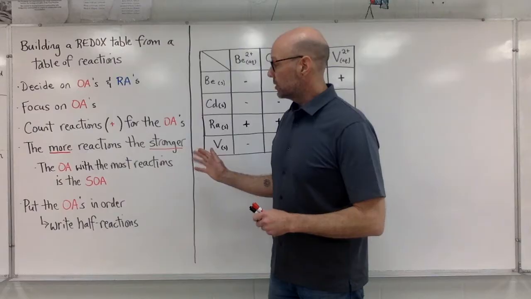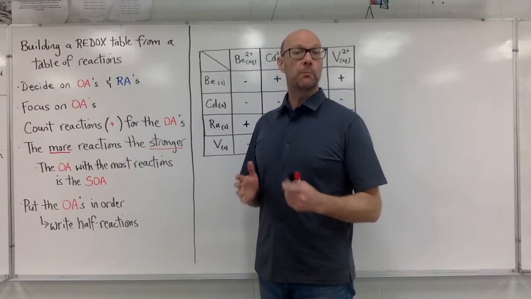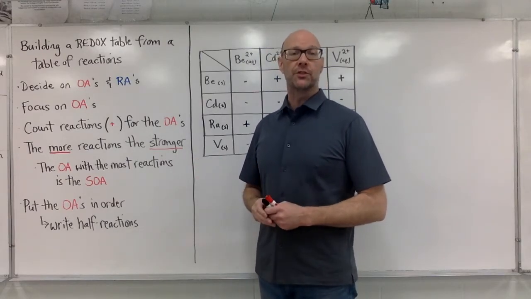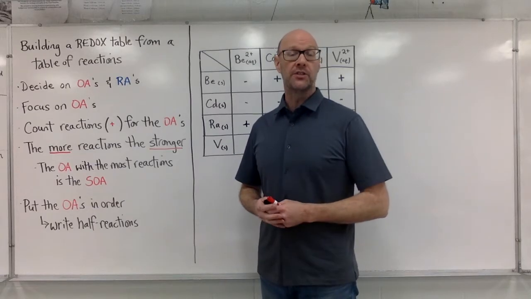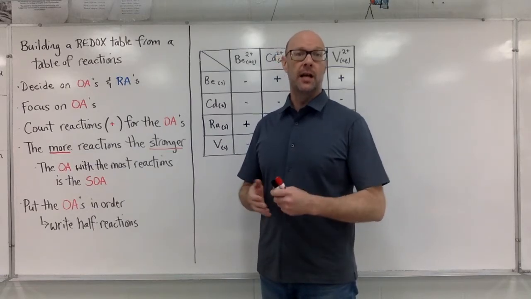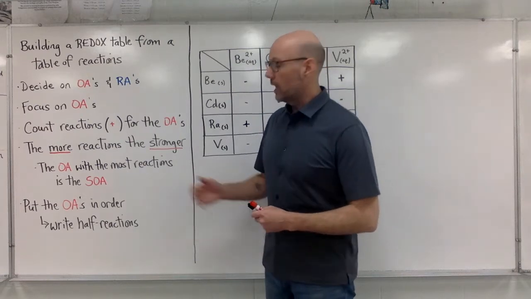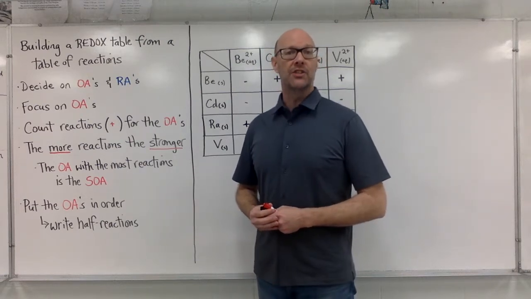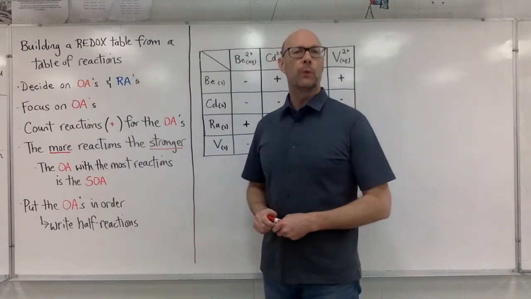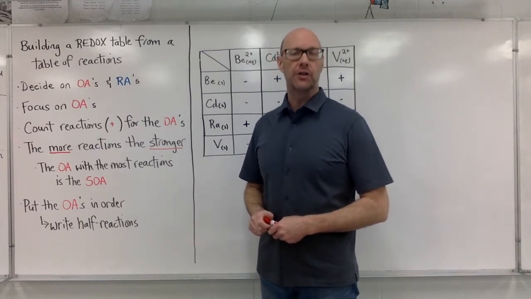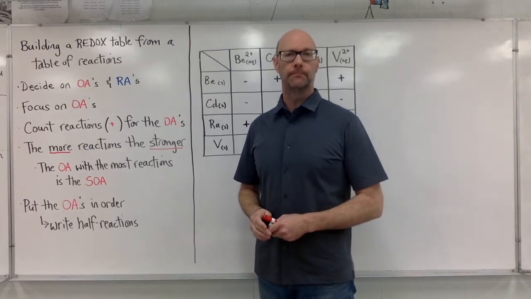This means that the oxidizing agent with the most pluses is the strongest, and the one with the second most pluses is the second strongest, etc. That's going to allow us to put the oxidizing agents in order from strongest to weakest, and then we'll write their corresponding half reactions to build our table.